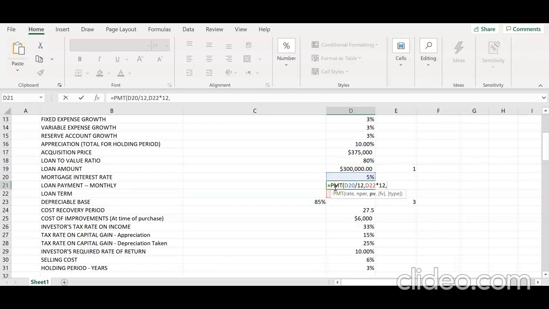And here we have the present value, or the loan amount, and the type is going to be 0. Then close the parentheses.